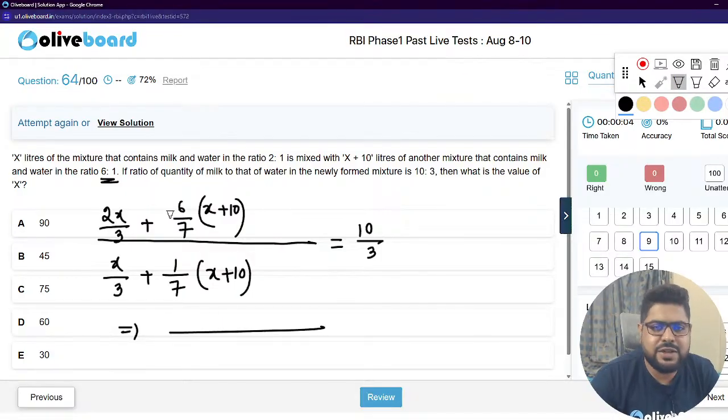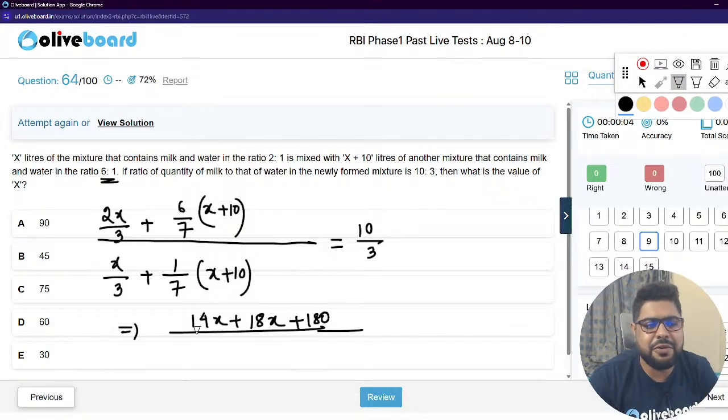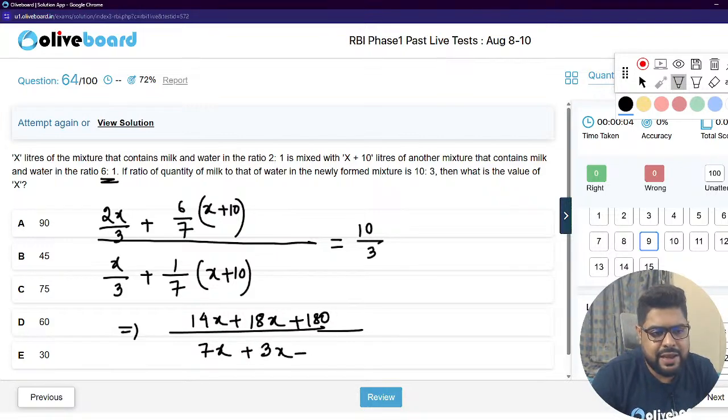पहले ये कर लेते हैं. 22, 21 LCM cancels. 7 2s are 14x plus 18x plus 180. I don't think we can cancel, but again I'm not cancelling because this is not a very significant calculation. 3x plus 30. It is not like we have to do very big calculations.